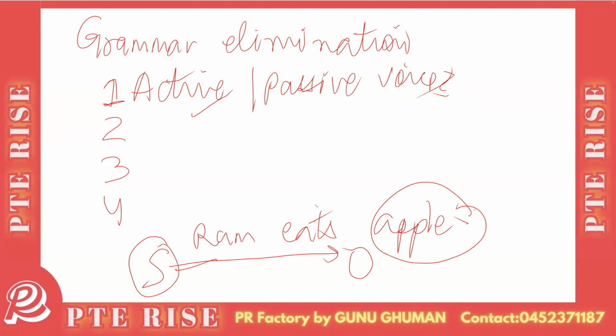And you will have some simple grammar like this. But what is the sign of passive voice? The first sign of passive voice is the third form. Can we say Ram eaten apple? No, right? Okay. So that's wrong.